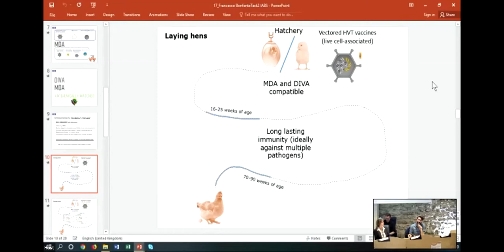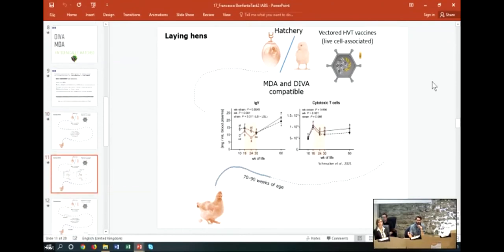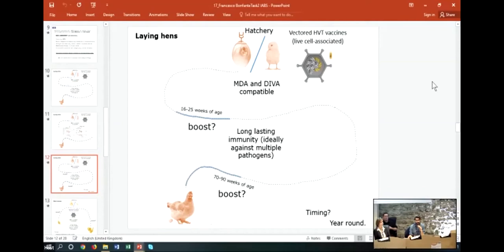So meaning that these vaccines should be able to cover also during the stressful moments, the beginning of the laying period or at the end of the laying period, where we know that there is a drop in the IgY and cytotoxic T cells response. And so for these, I would personally consider also the necessity of a boosting schedule in these particular moments.